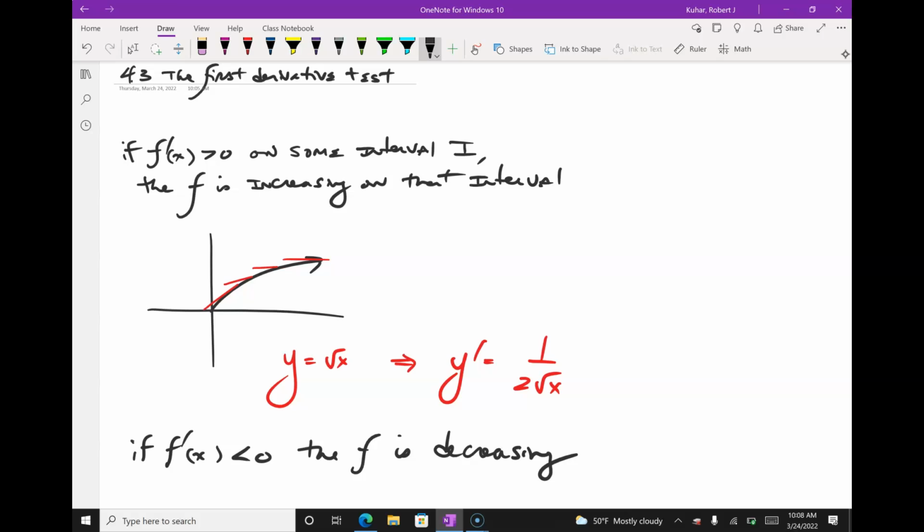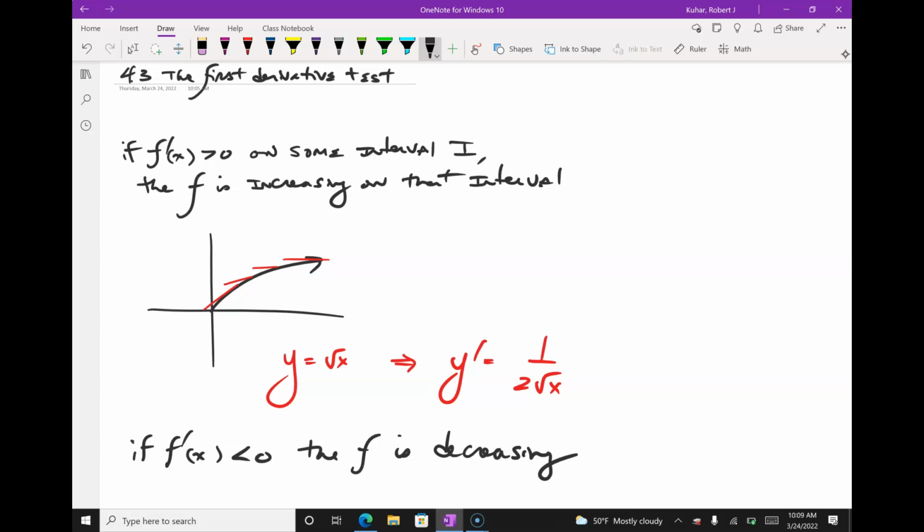We're making money, right? We want our derivatives to be positive. Sound familiar at all? We want our returns to be positive. So we're looking for when we are making money, and we're doing that by looking at how things are changing.